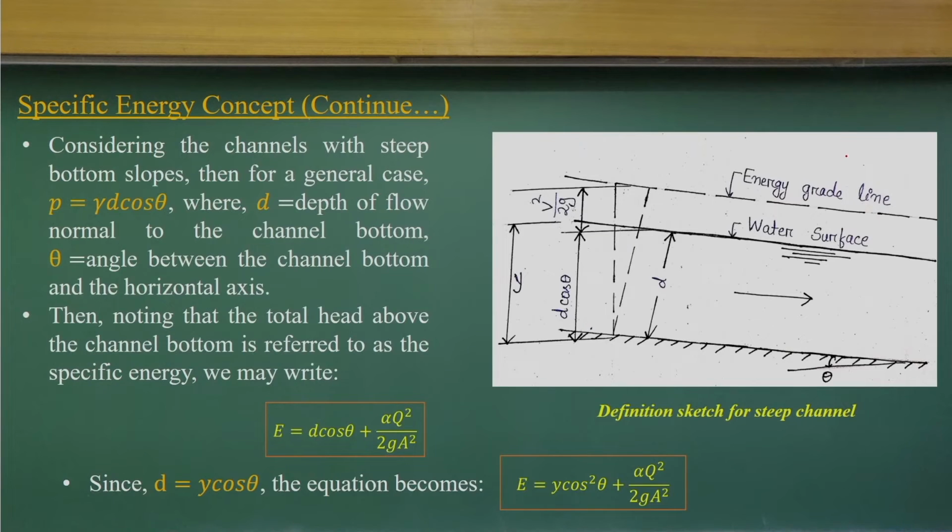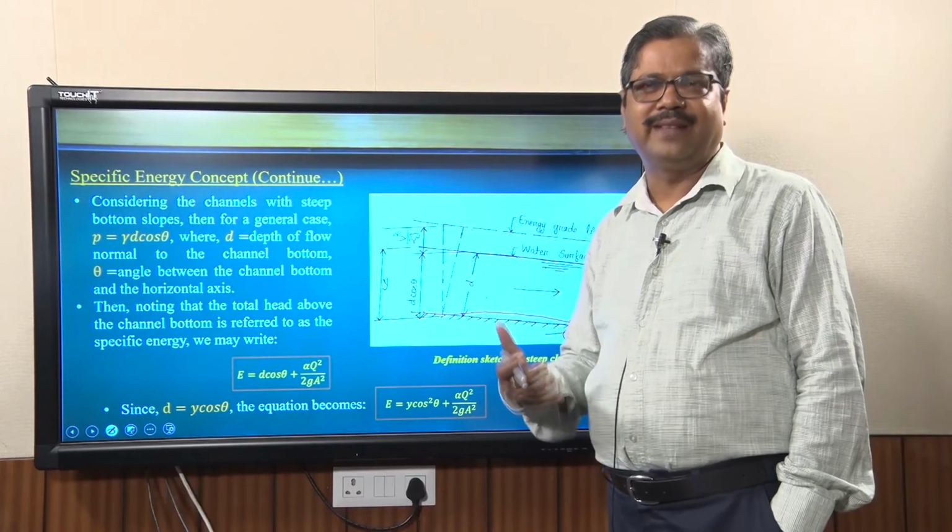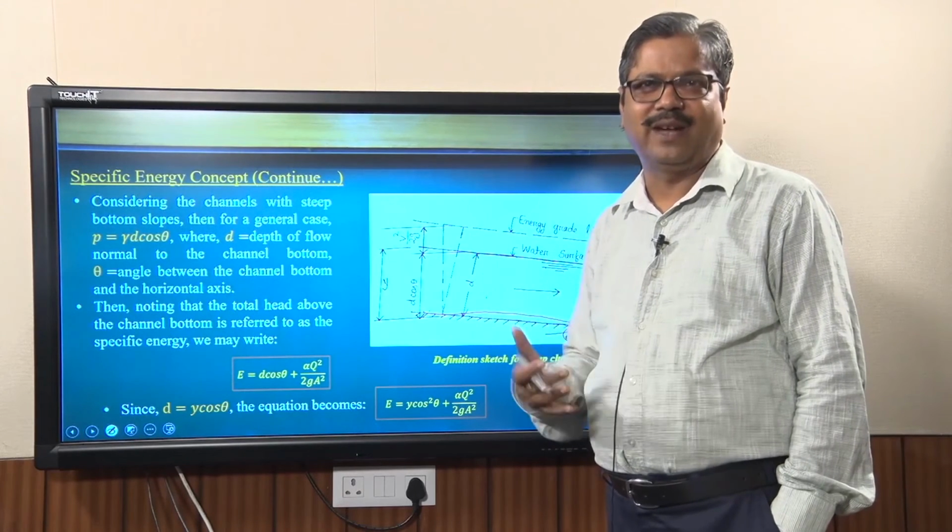Now, consider that the river has a bed slope; it is not flat. In that case, the river has a slope with angle theta, which is the real condition. A river can have a very gentle or mild slope, like the Brahmaputra river, where the slope in the Assam valley is about 1 by 10,000, or 1 by 8,000.